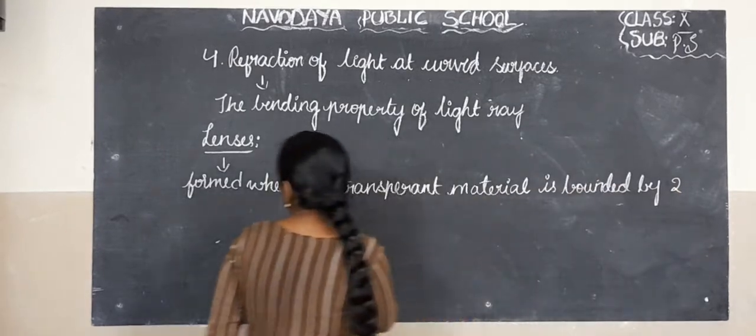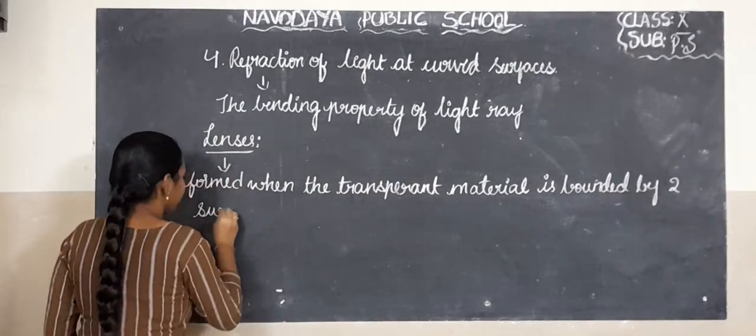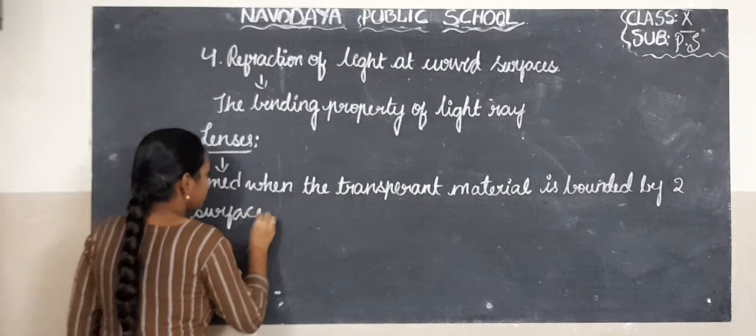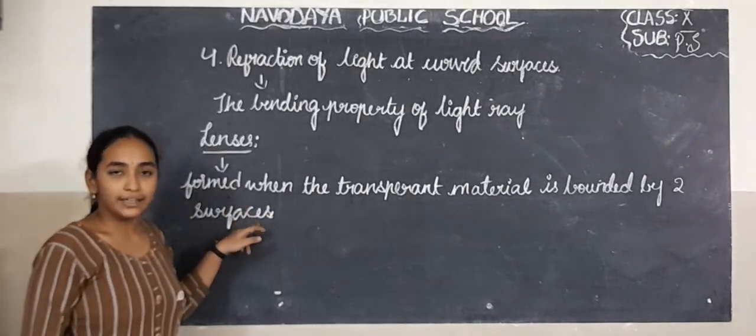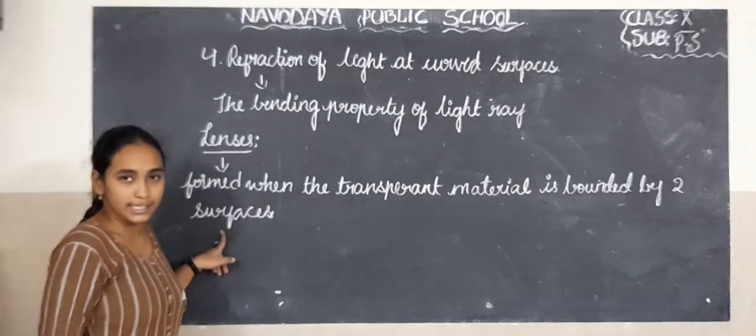Lenses means it is formed when the transparent material is bounded by two surfaces.